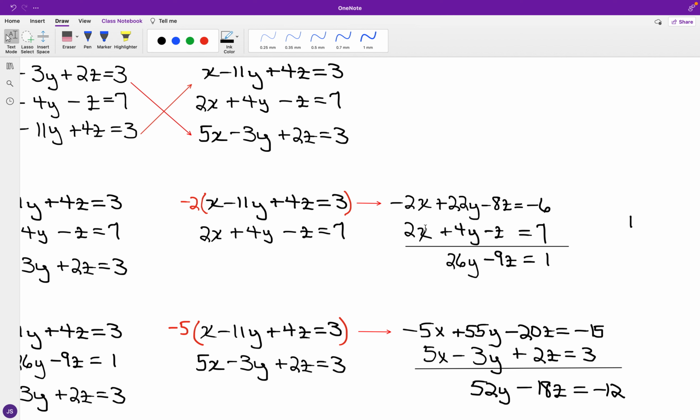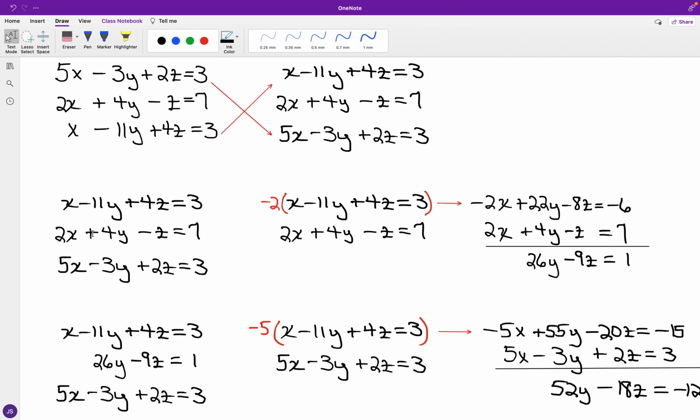If I add the equations together, the x terms cancel out: negative 2x and 2x go out, 22y plus 4y becomes 26y, negative 8z and a negative z amount to negative 9z, and negative 6 plus 7 comes out to 1. So just transferring this resulting equation.